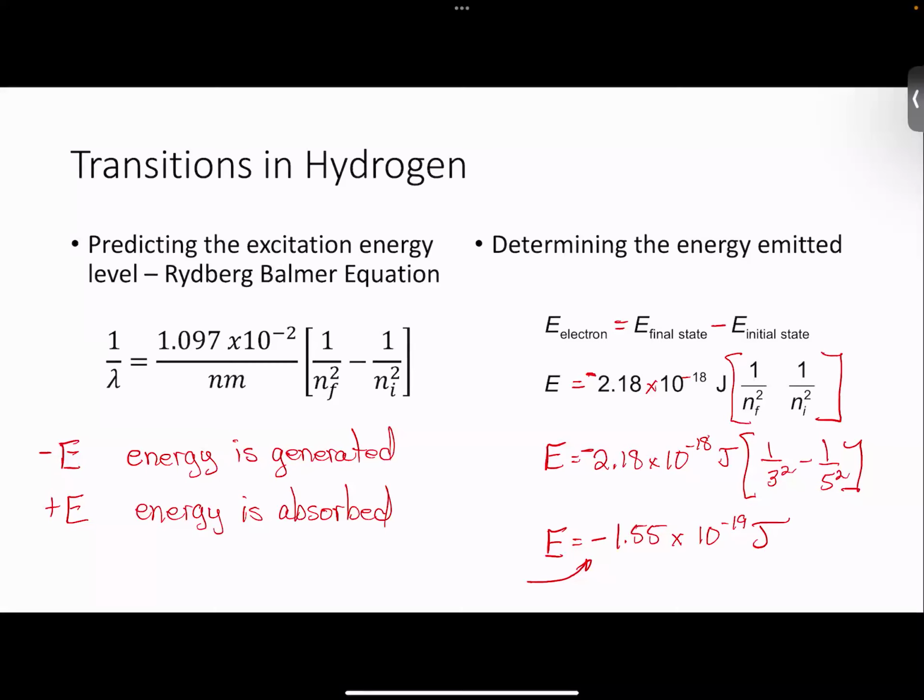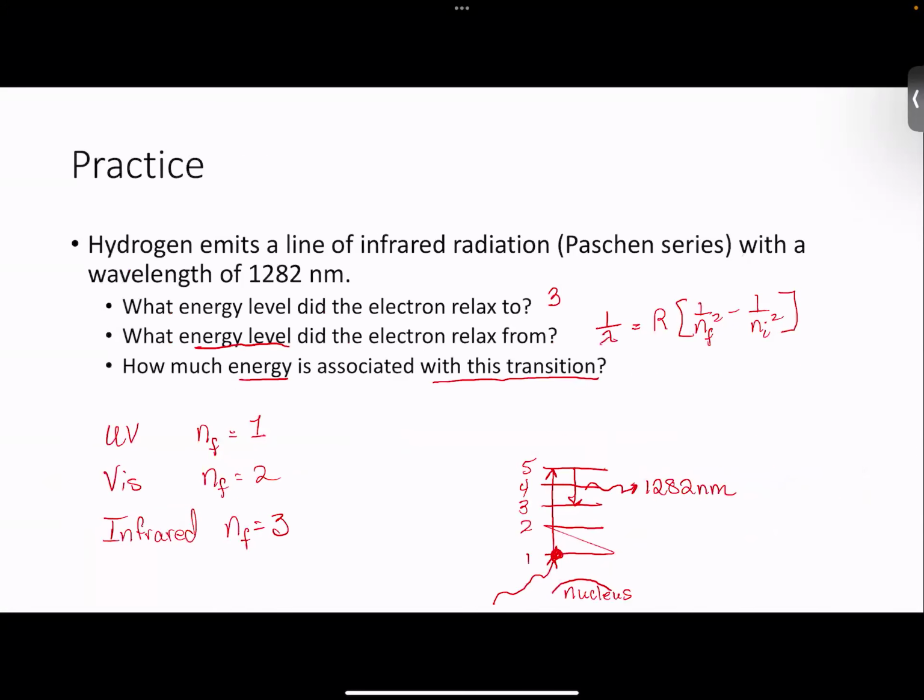The reason this one comes out to be negative goes back to the diagram that I just showed you. What are we looking at? We are looking at this transition where 1282 nanometers of light is generated.